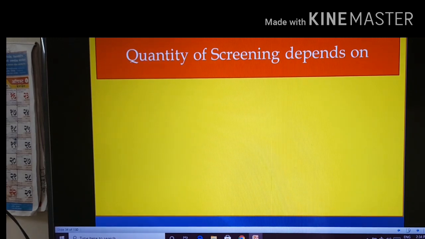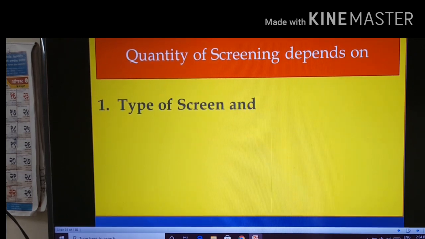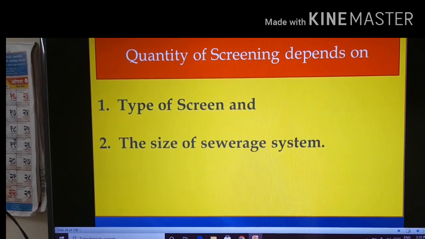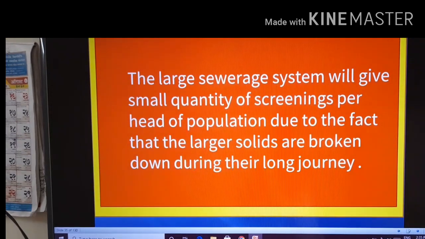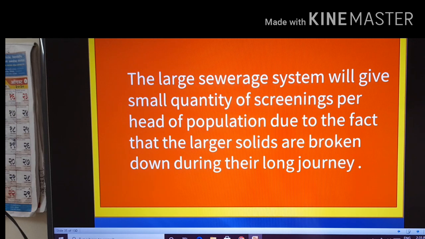Next, the quantity of screenings depends on, first, the type of screen, and second, the size of the sewerage system. A large sewerage system will give a small quantity of screenings per head of population because the larger solids are broken down during their long journey.